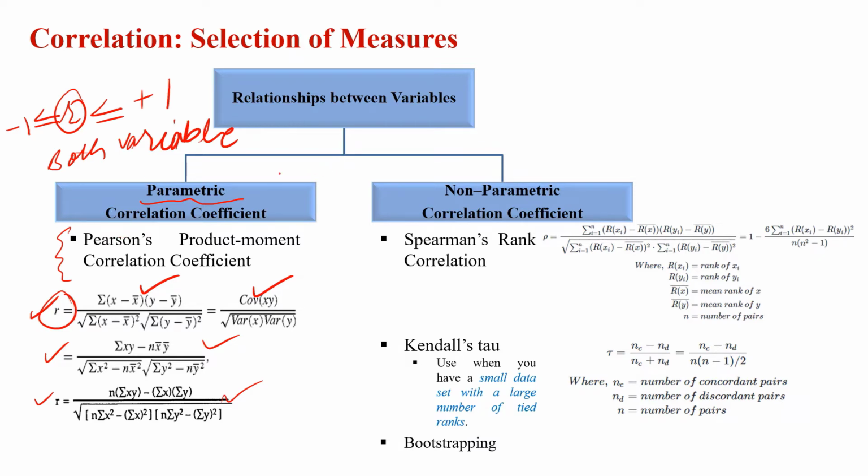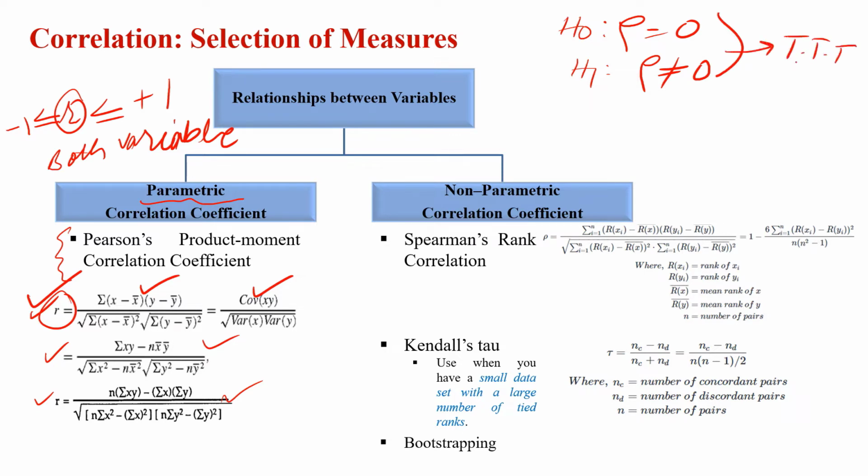Similarly, we can also test whether the value of R is significant or not. For that, our H naught, the null hypothesis, should be that there is no relationship between the two variables, whereas the alternative is that there is a relationship between the two quantitative variables. This is the testing of hypothesis perspective, and this is called a two-tailed test, right?